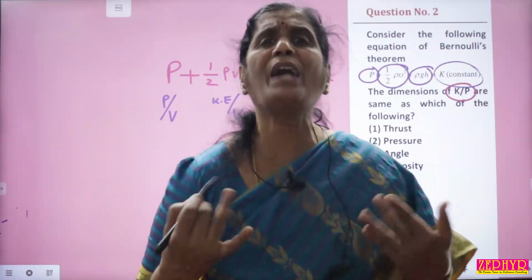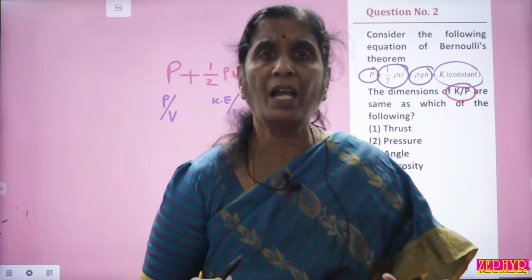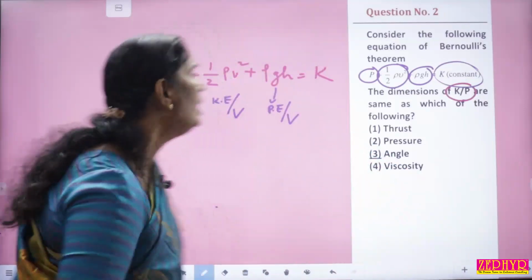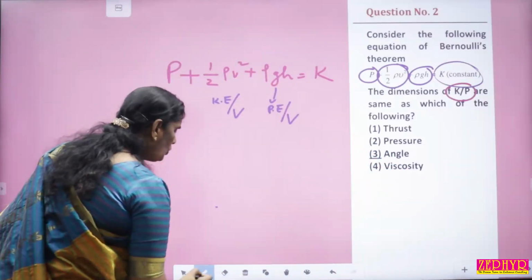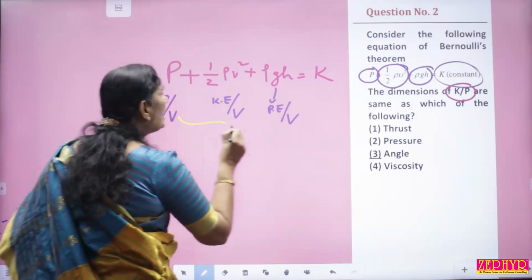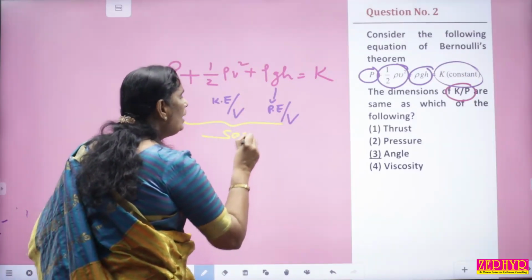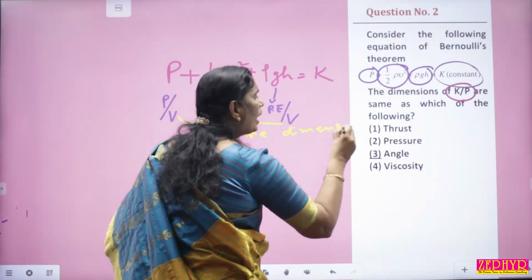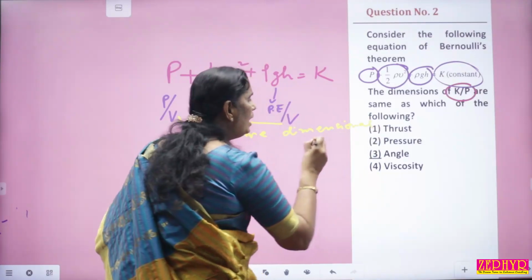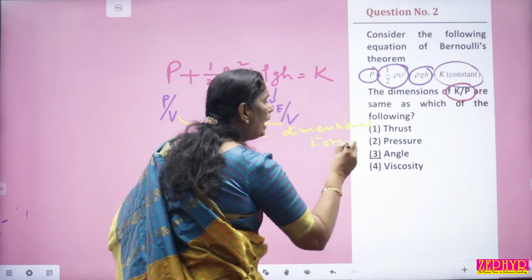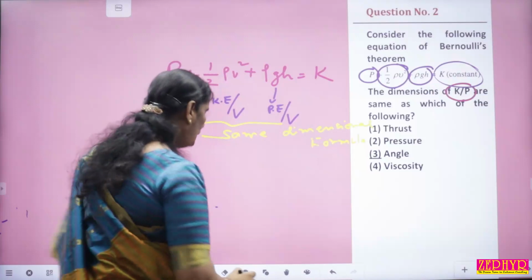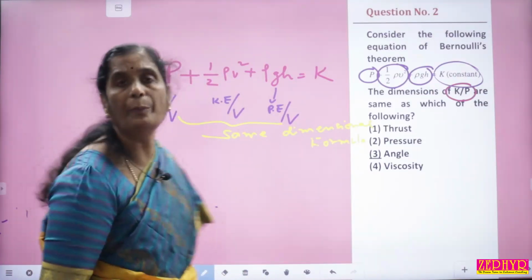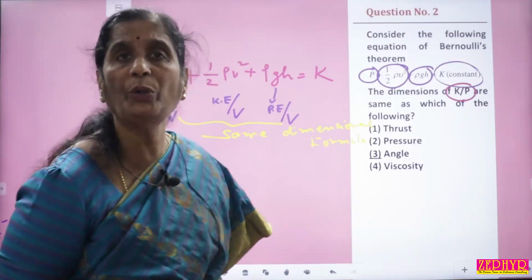So all are of the same kind, all are of the same nature. So definitely their dimension formula will be one and the same. All will have the same dimensional formula. That concept or thought you have to develop. Then it is easy for you to do this question.